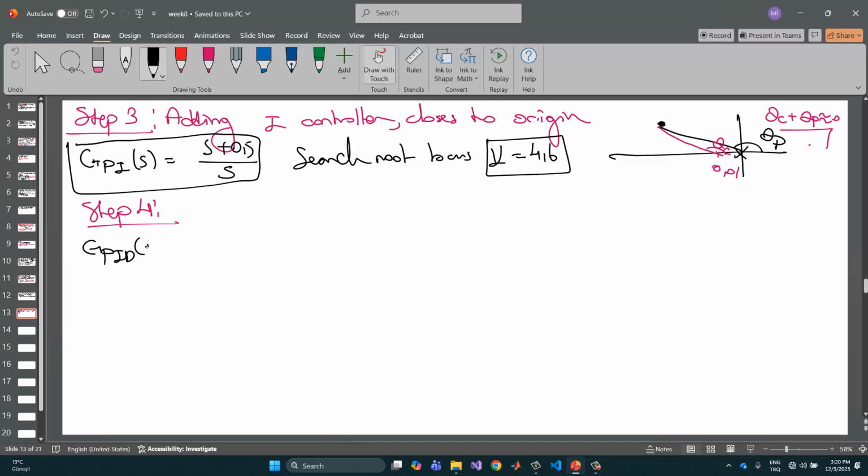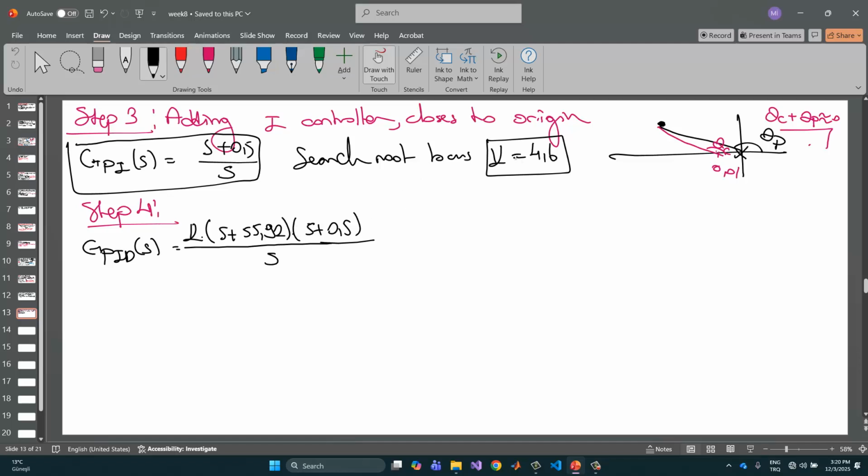PID(s) is equal to K times (s plus 5592)(s plus 0.5) divided by s. We have this condition.